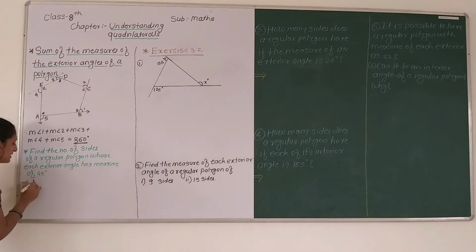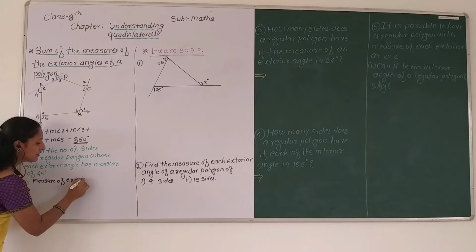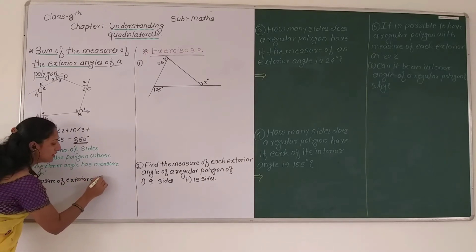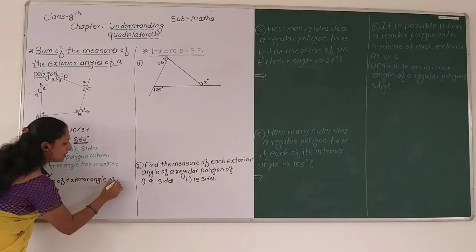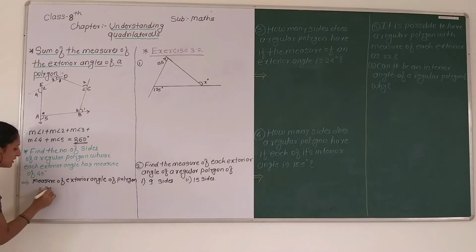So here we use the fact that measure of exterior angle of polygon is equal to what? 360 degree.